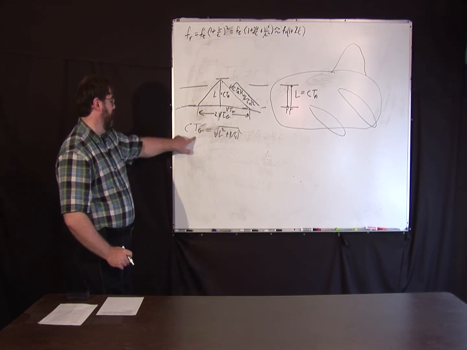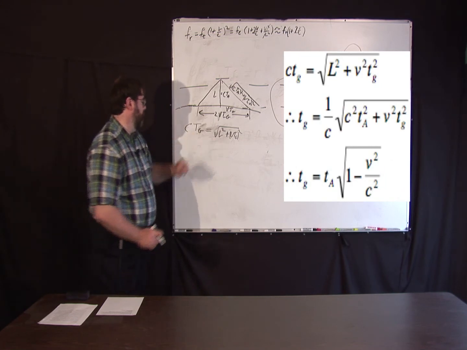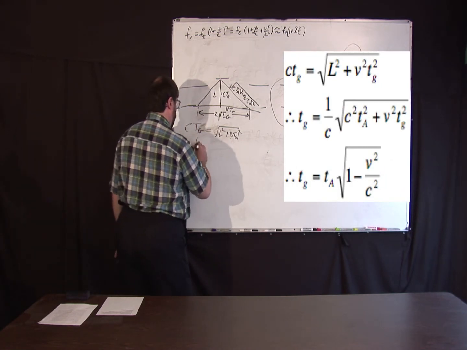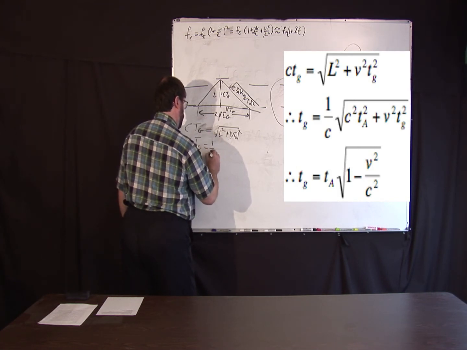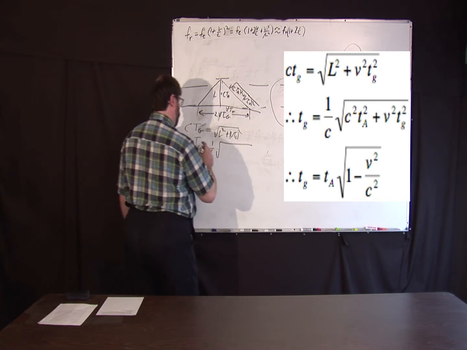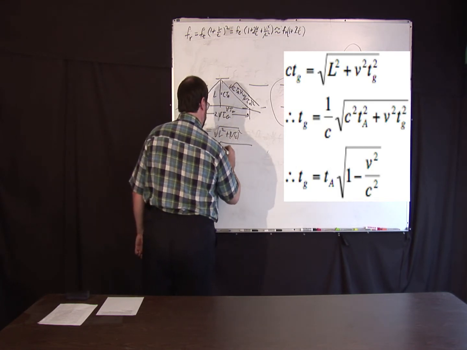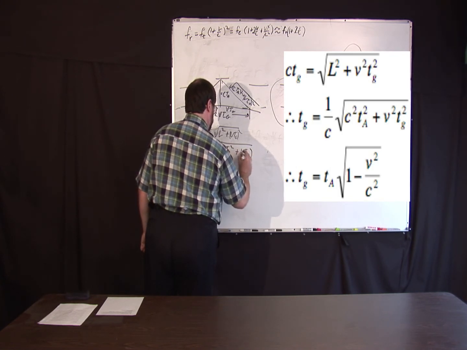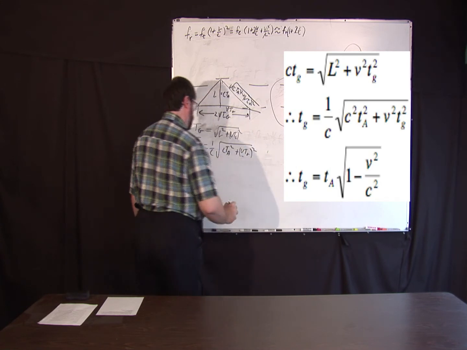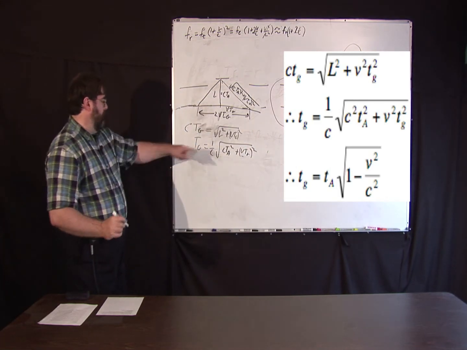So ct ground, this is L, that's where I made a mistake. Okay, t ground is equal to 1 over c times this, which is cta squared plus vt ground squared. Okay, now you can do some algebra.